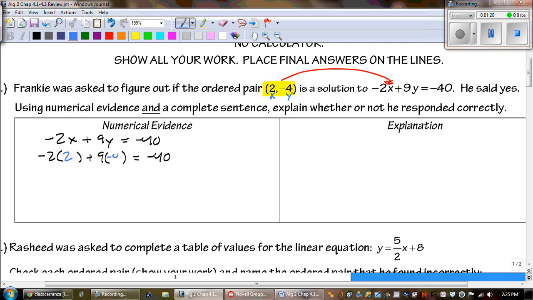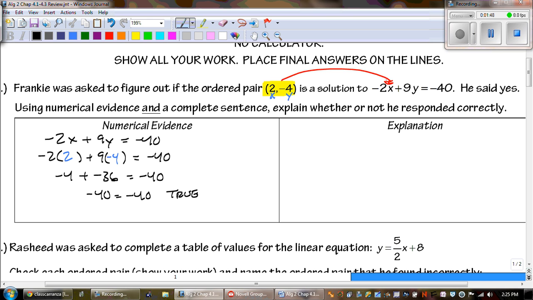So 2 and -4. So -2 times 2, we get -4 plus 9 times -4 is -36. And does that equal -40? Well, -4 plus -36 gives us -40. And is that true or false? Yeah, that's true.